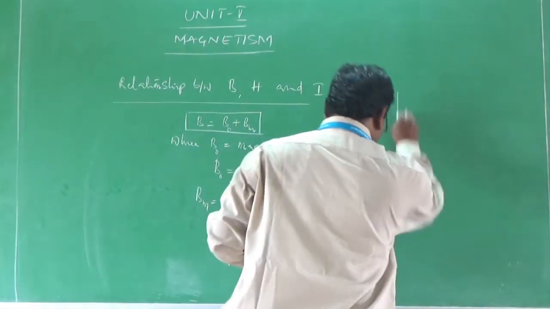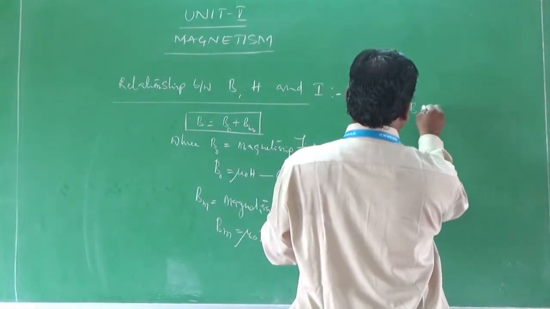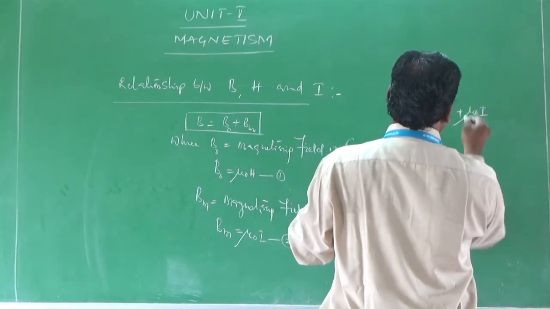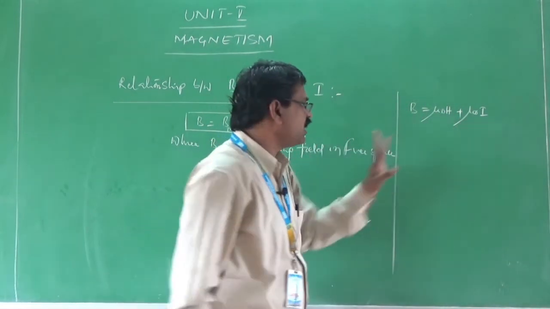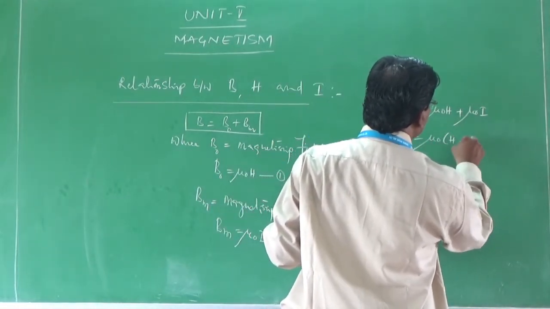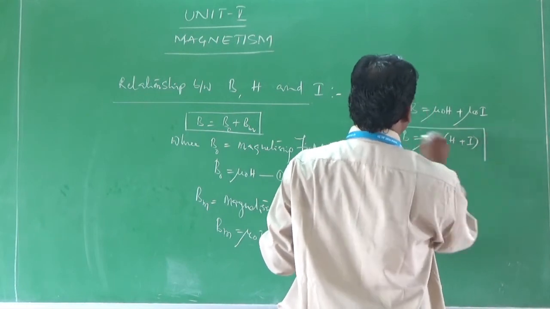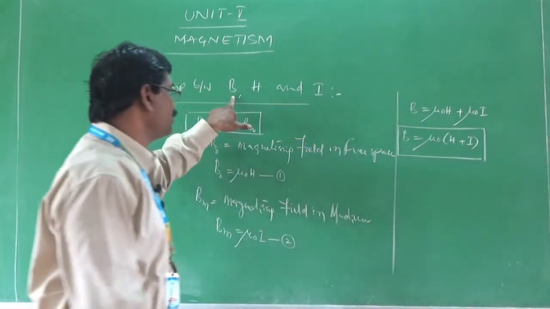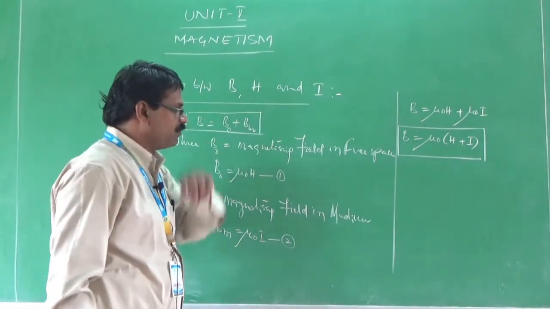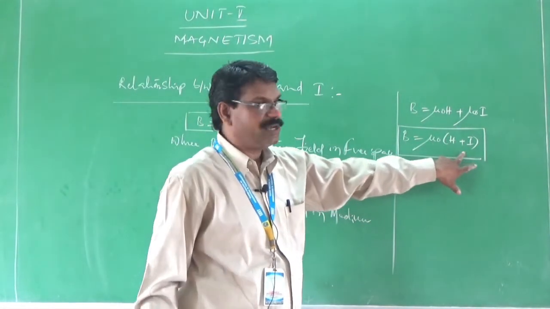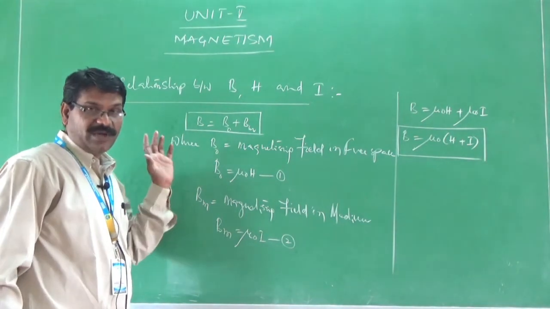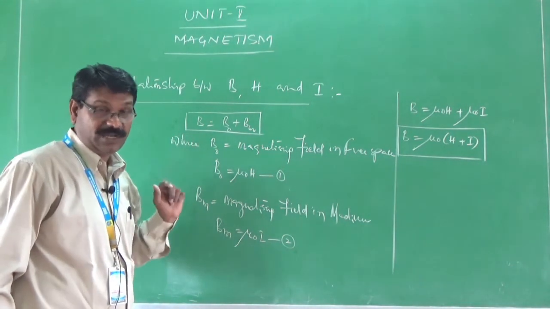That implies B is equal to mu naught H plus mu naught I. As mu naught is common in both the terms, I can bring it out like this: B is equal to mu naught into H plus I. This is the relationship between magnetic induction field B, magnetic intensity H, and intensity of magnetization I. Therefore, B is equal to mu naught into H plus I. Now we are going to get the relationship between relative magnetic permeability mu r and magnetic susceptibility. Let us see now.